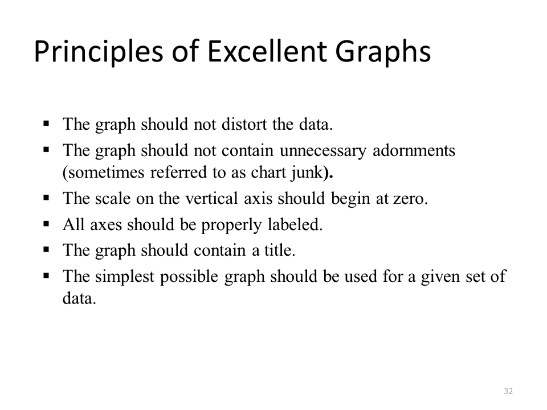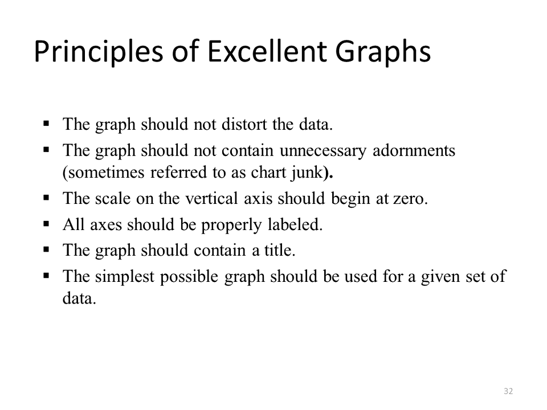Now this brings us to principles of excellent graphs. The graph should not distort the data. The graph should not contain unnecessary ornaments, sometimes referred to as junk. The scale of the vertical axis should begin at 0 at all times. You begin with 0 and you put a break in the line if your next number is a higher number that gives you a huge quantity.